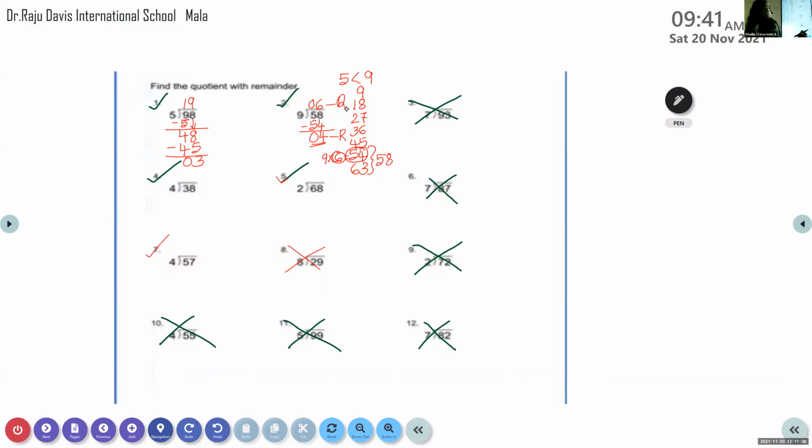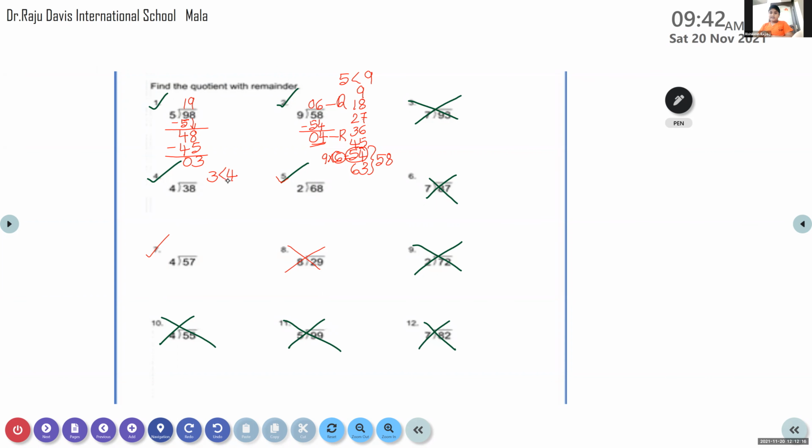Okay, now we will move to question number 4, to Rishikesh. Fourth one. 38 divided by 4. Compare 3 and 4. The dividend 3 is smaller than 4.